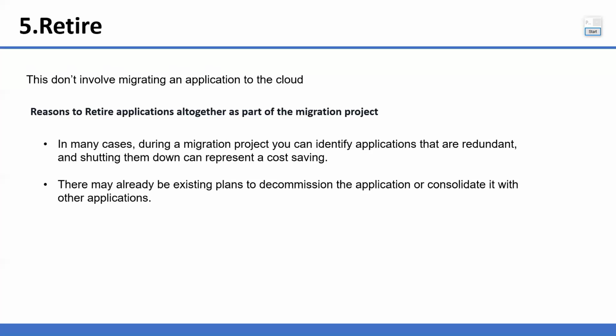In many cases, during a migration project, you can identify applications that are redundant, that are shutting down in the near future, or that are not getting used, and you just want to save cost. You might have an already existing plan to decommission those applications. So you can follow the retire strategy during the migration.